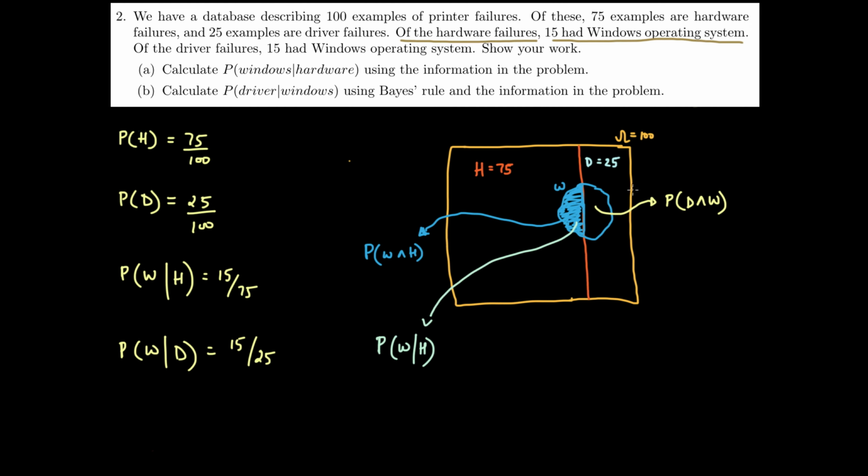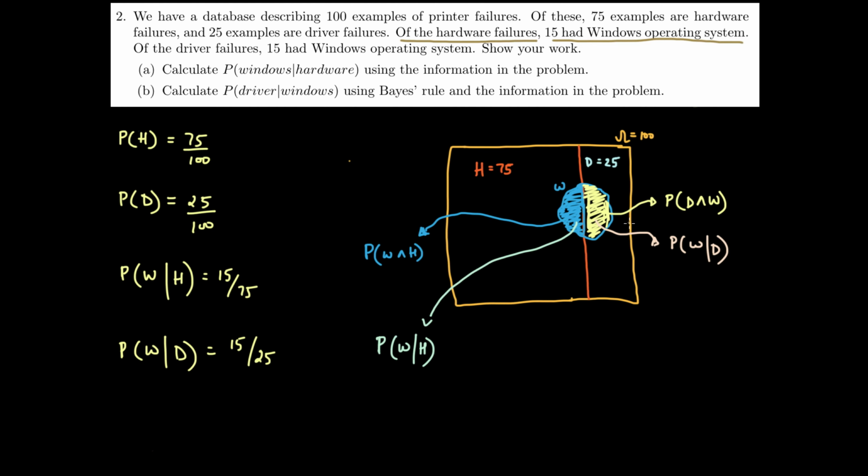Again, when I look at the entire universal space, from all the 100 printers, this is the probability of D and W happening, which is this piece over here, D and W. However, I can also think of this region as the probability of W happening, given that D has already happened.